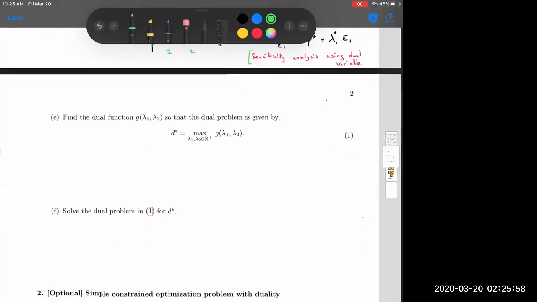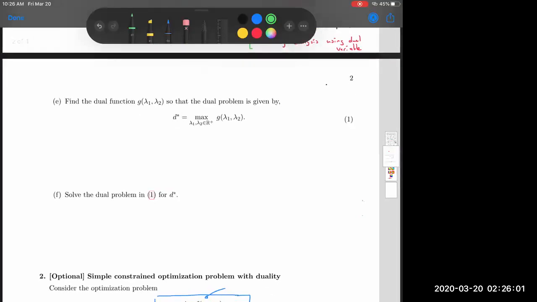So now let's find the dual function. So we have the Lagrangian.